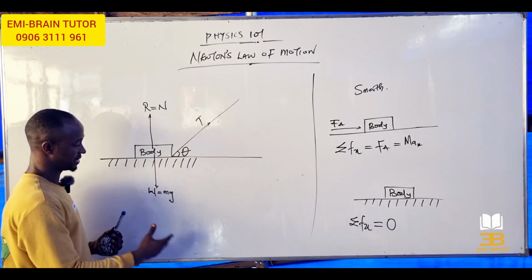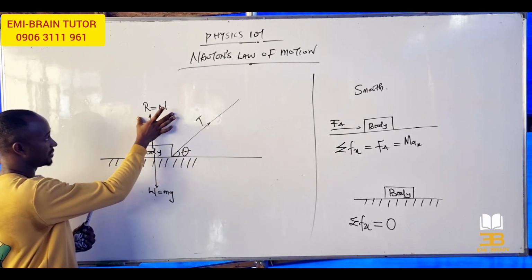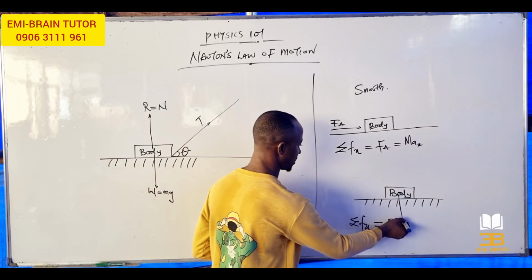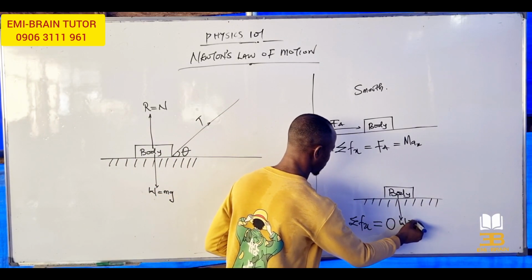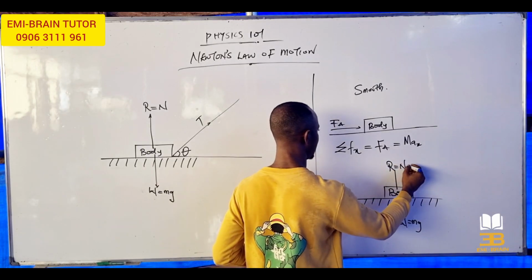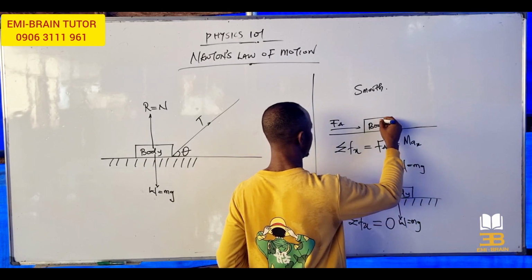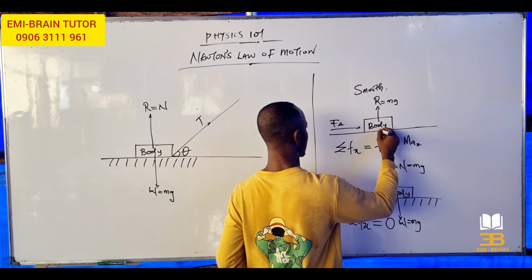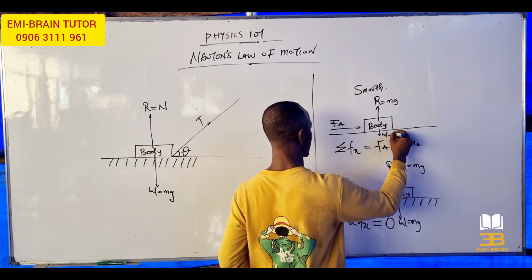For the other diagrams, we also have R equals N and W equals mg. Here my normal reaction is R equals N equals mg. For this also, R is equal to mg. Then the weight here, W equals mg.